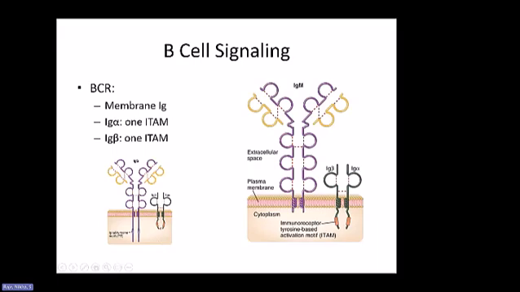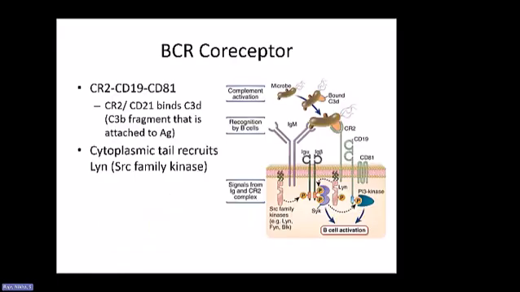Those signaling molecules at their cytoplasmic tail have ITAMs, and those ITAMs are the activating motif, right? The name suggests immunoreceptor tyrosine-based activation motif, and those are important for signaling. So the B cell receptor is associated with the BCR co-receptor, and the co-receptor for T cells is CD4, CD8.